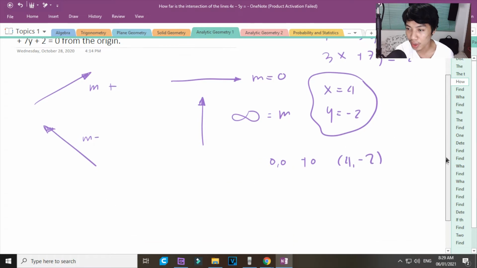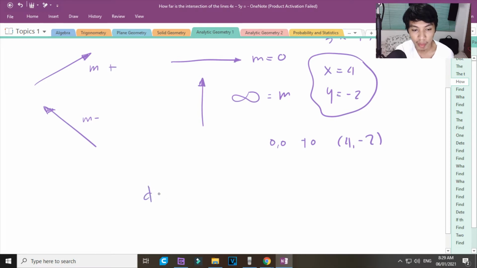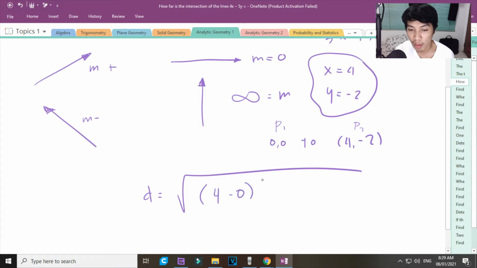Now, you will use distance formula again. Oh, the square root ng from here to here, the point 2 to point 1. So, 4 minus 0 squared plus yung negative 2 minus 0 squared.